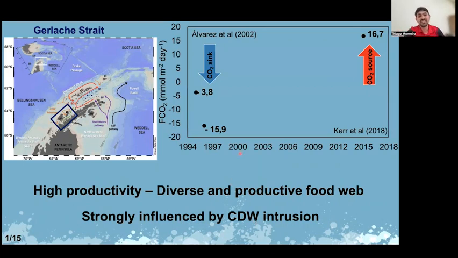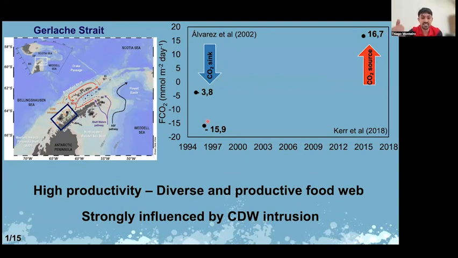And I actually started to study the Gerlache Strait for the CO2 fluxes because of this study in 2002 led by Marta Alvarez. They investigated the CO2 fluxes in the 90s in the Gerlache Strait during the summer, and they described the behavior of a CO2 sink in this region.